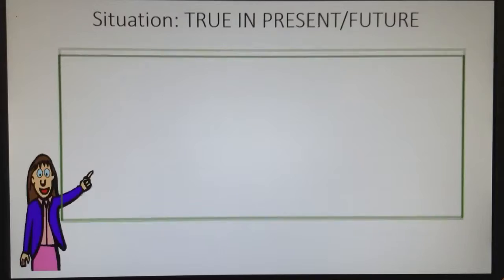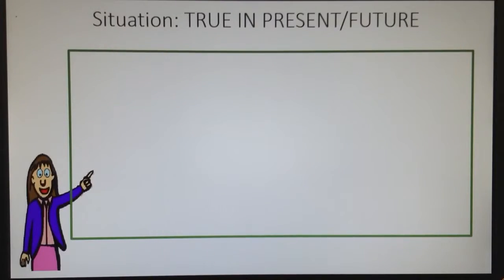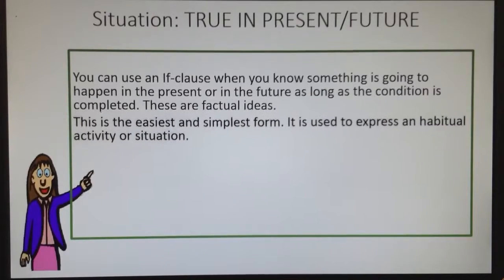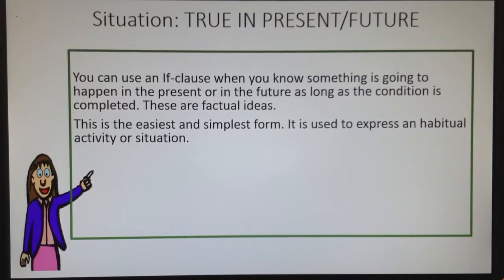The first situation is something true in present and future. You can use an if clause when you know something is going to happen in the present or in the future as long as the condition is completed. These are factual ideas. This is the easiest and simplest form. It is used to express a habitual activity or situation.